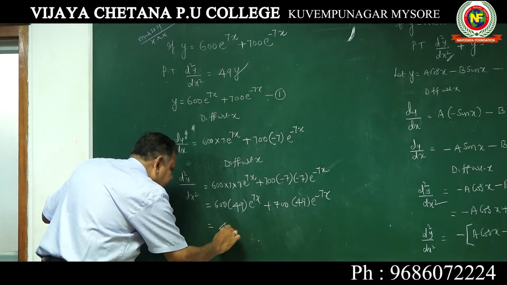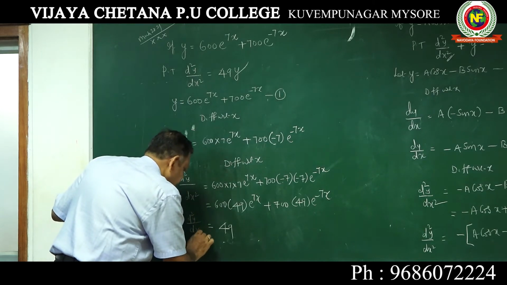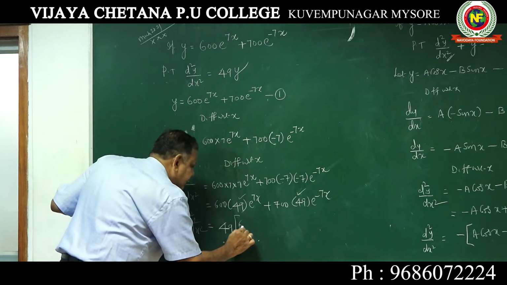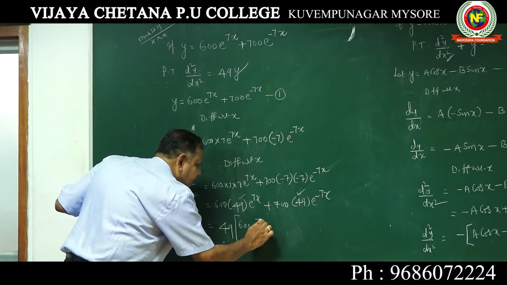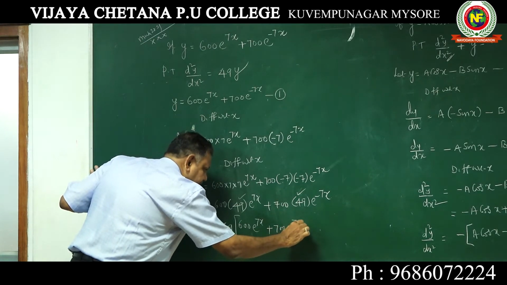Here 49 can be removed outside. 49 is a common factor. You remove that, leaving 600 e to the power of 7x plus 700 e to the power of minus 7x.